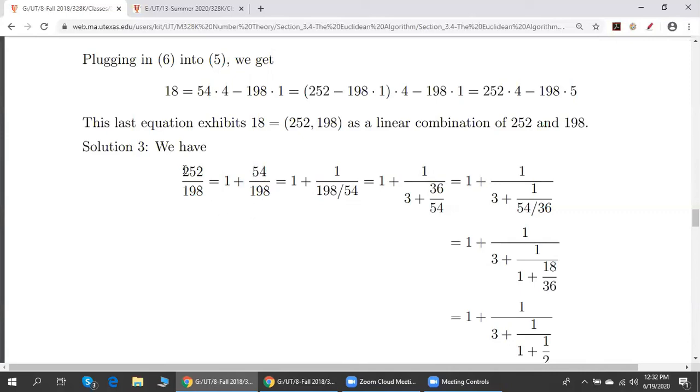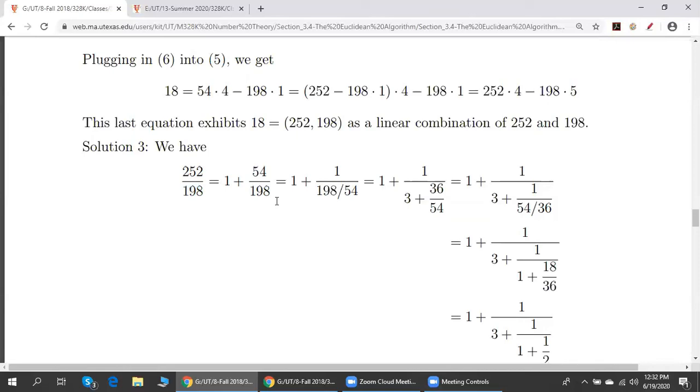Note that this fraction is improper because the top is greater than the bottom. This is a proper fraction because now the top is lesser than the bottom.